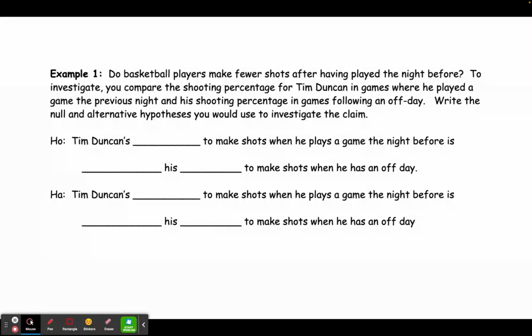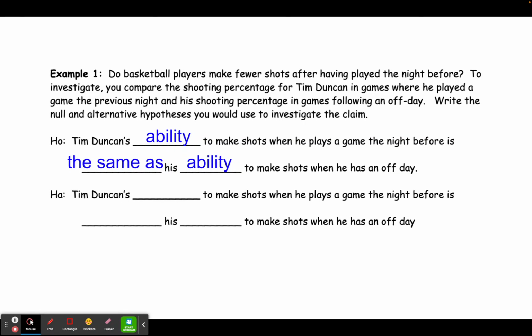So, our null hypothesis is that there is no difference in his ability between those two contexts. So, we would say Tim Duncan's ability to make shots when he plays a game the night before is the same as his ability to make shots when he has an off day. Now, you can also say is equal to, or anything that's grammatically equal to the same as.